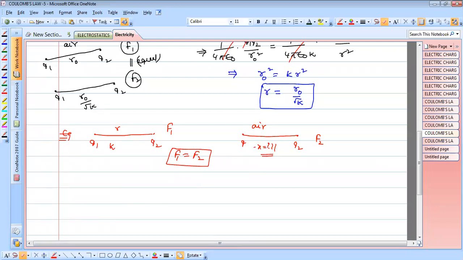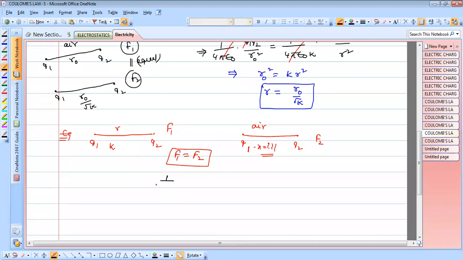This is Q1. In air, how much distance should you place two charges if this experiences the same force in a medium at separation R? Again, we are doing the same thing. Forces are equal.